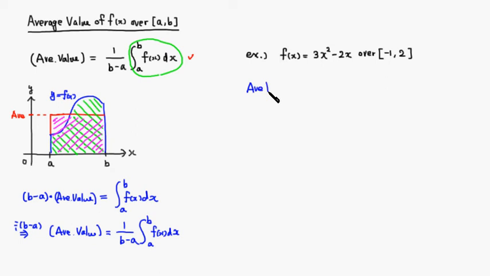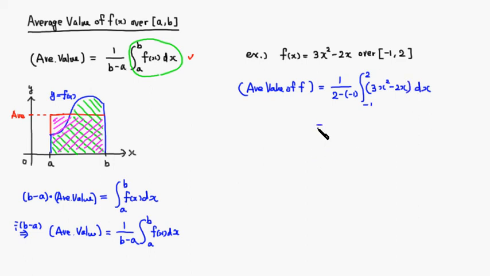The average value of this function f is going to be 1 over, b is 2 minus a is -1, integral from -1 to 2 of the function 3x squared minus 2x dx. So we have that, and we just have to evaluate it.